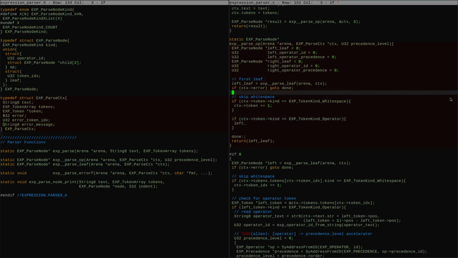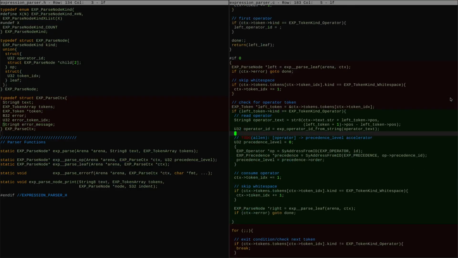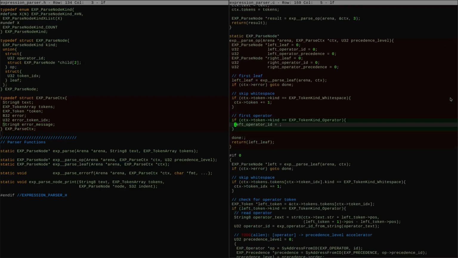First leaf, first operator. So this is left operator ID equals, and this is where this thing and this thing happen.